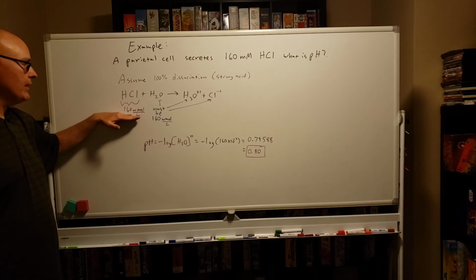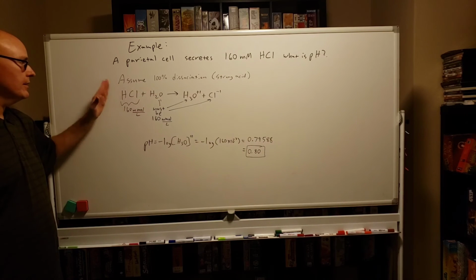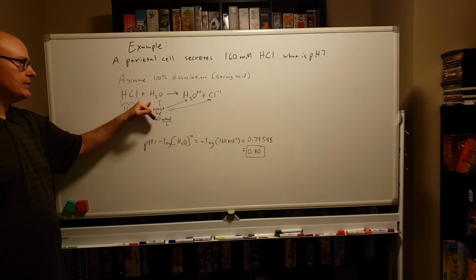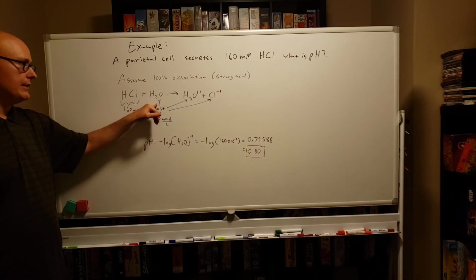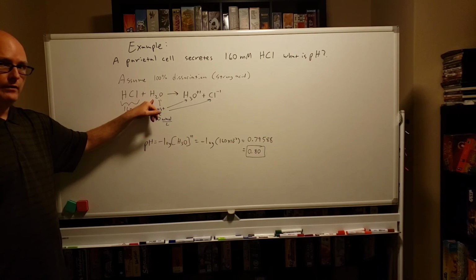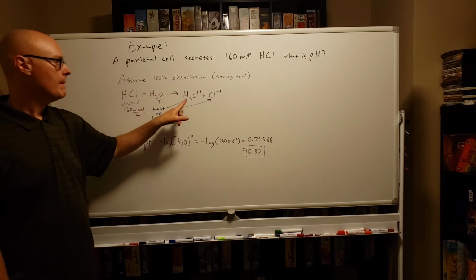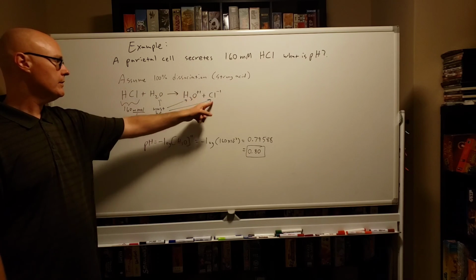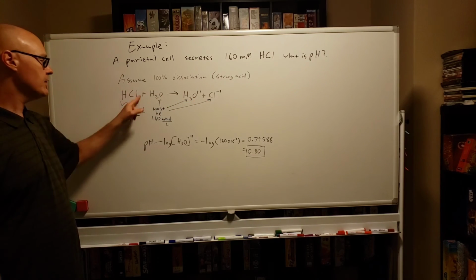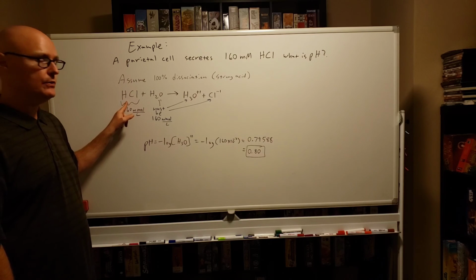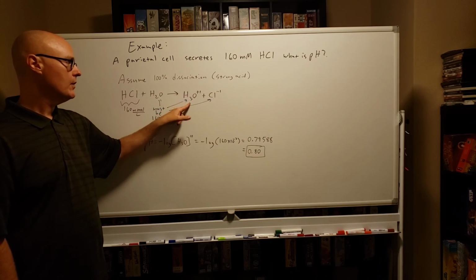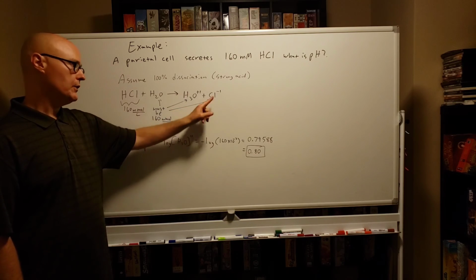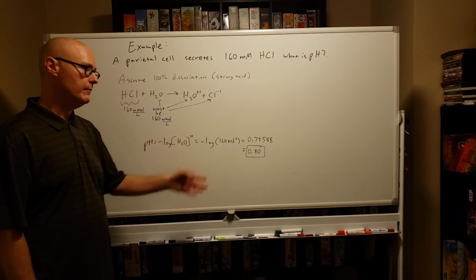Therefore, if I have 160 millimoles per liter of hydrochloric acid, then I must be using 160 millimoles per liter of water. Again, I have a 1-to-1 ratio. So for every hydrochloric acid molecule that is used, I will have 1 hydronium made. I'll also have one chloride ion floating around as well.